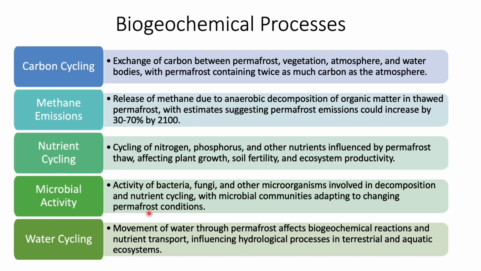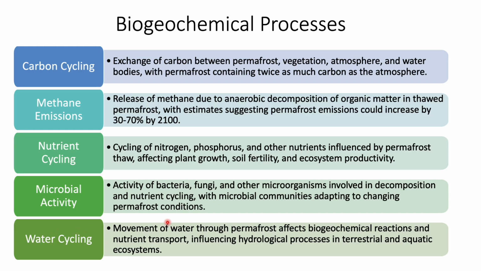That means they become more active with the increase of temperature due to permafrost thaw and global climate change. With respect to water cycling, the movement of water through permafrost affects the biogeochemical reactions and nutrient transport. This influences the hydrological process in terrestrial and aquatic ecosystems.